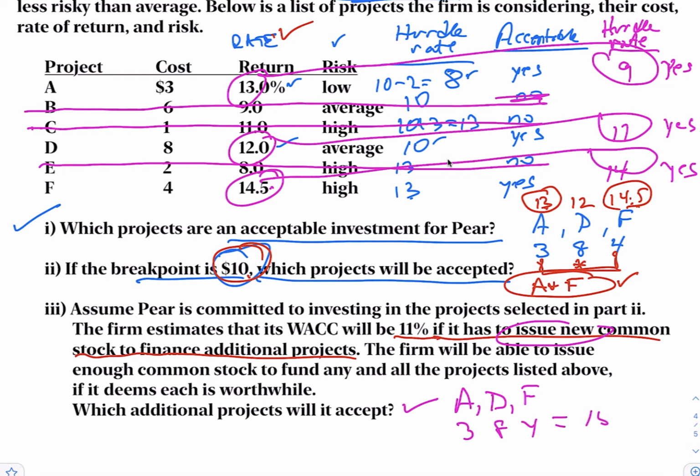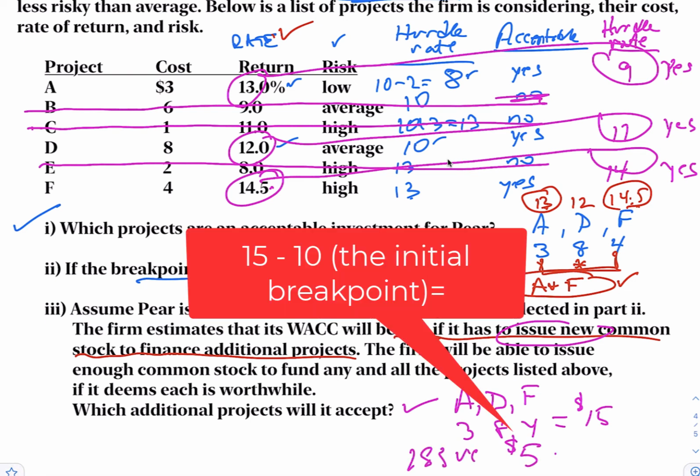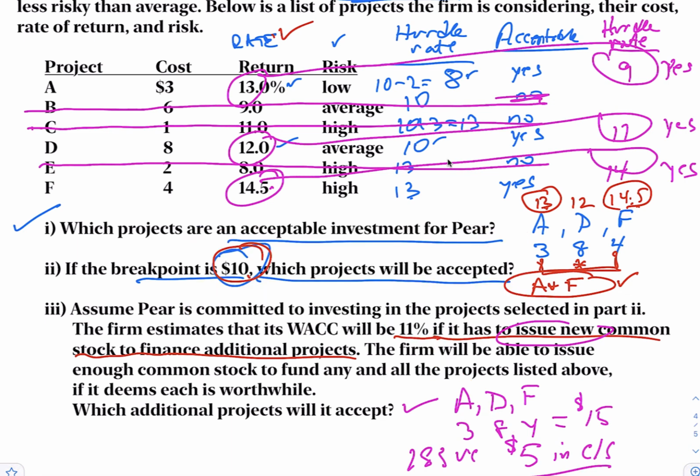That's going to be 15. It will have to issue $5 in common stock. New common stock has to be issued worth $5. $5 billion if you want, if you want to add a bunch of zeros to this problem.